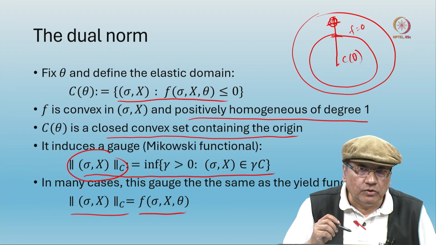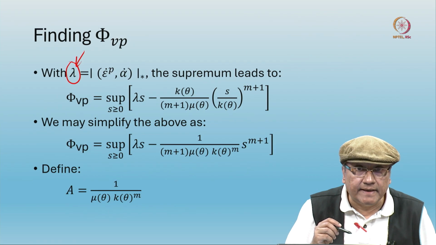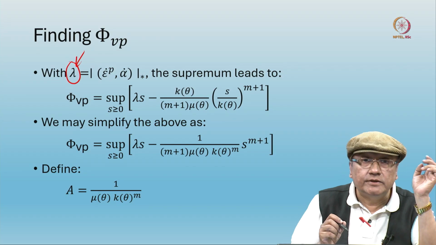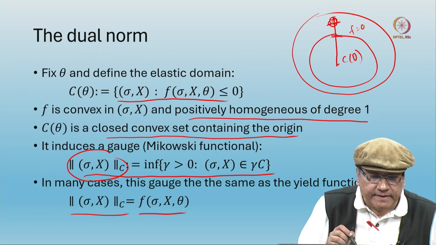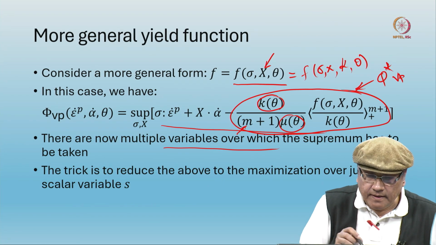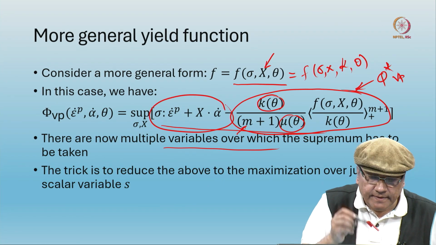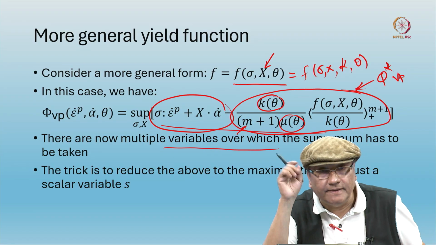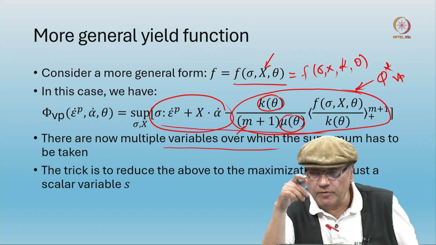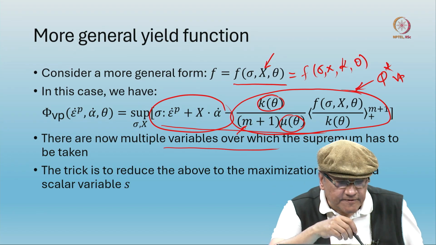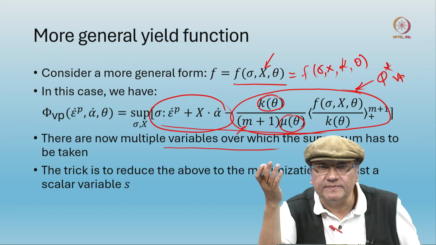So this particular thing can now be used to define this. Whatever was there in this part of the phi Vp, that is, during the Legendre-Fenchel transform of phi star Vp, this first part is nothing but lambda times S, right.